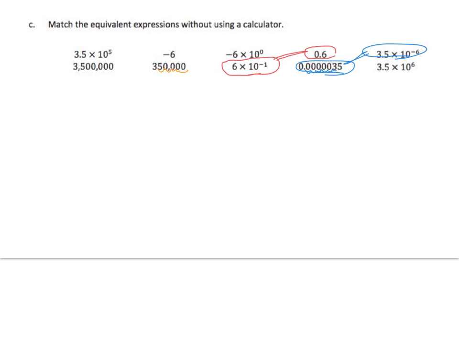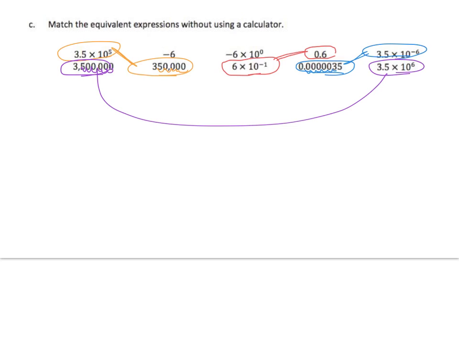Nope, that's not it, but that is this one, isn't it? And then we have 1, 2, 3, 4, 5, 6. And then last but not least, I have these two left. That was fun.